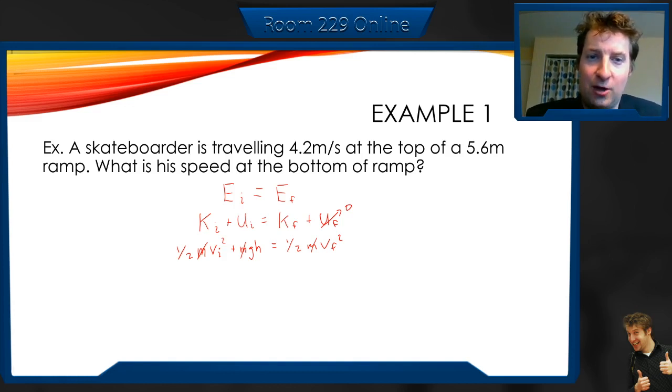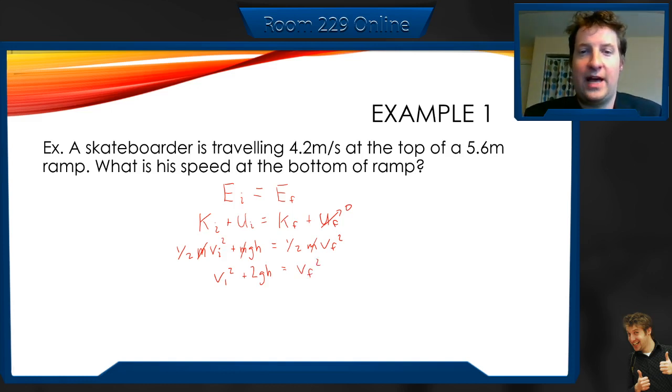Anyways, also I can multiply everything by 2. If I multiply everything by 2, the halves cancel. So let's rewrite this as initial velocity squared plus 2gh is equal to the final velocity squared.